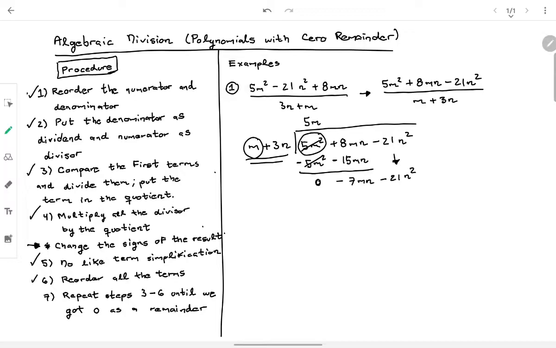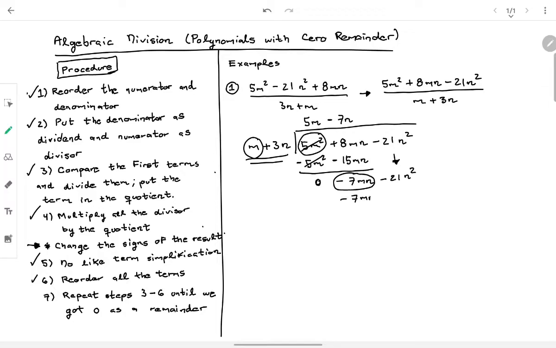And step number 7 says repeat steps 3 to 6. So now we compare this term with the first term. In order to obtain minus 7mn, we will need minus 7n, because multiplying minus 7n by m, we will get minus 7mn.